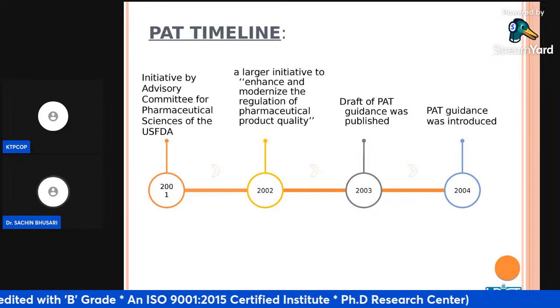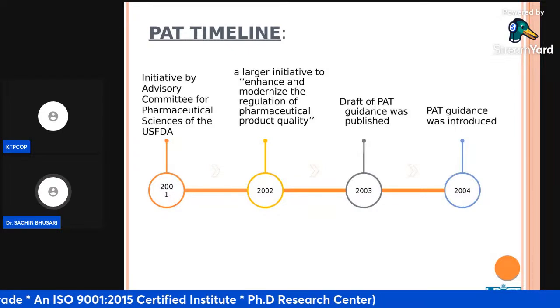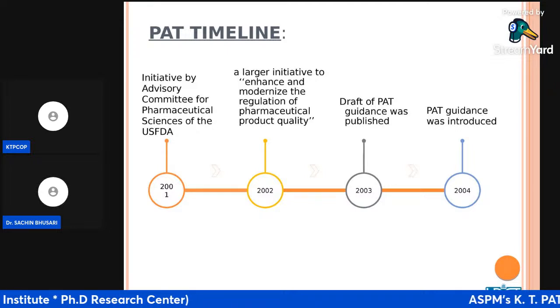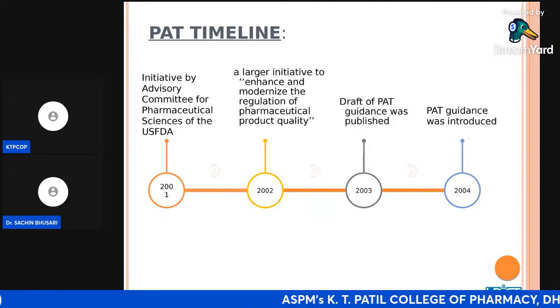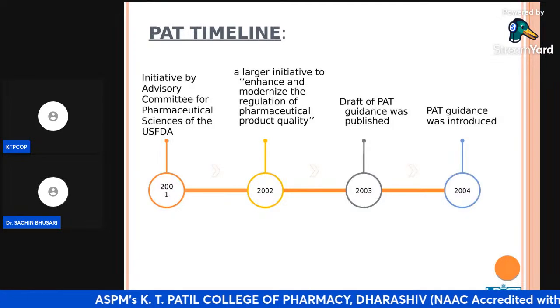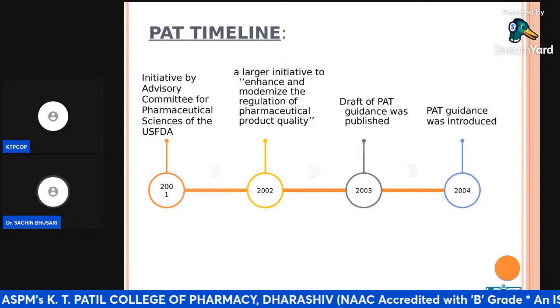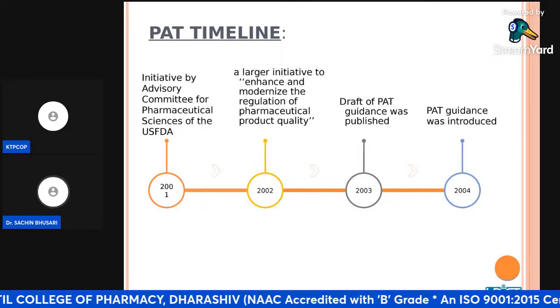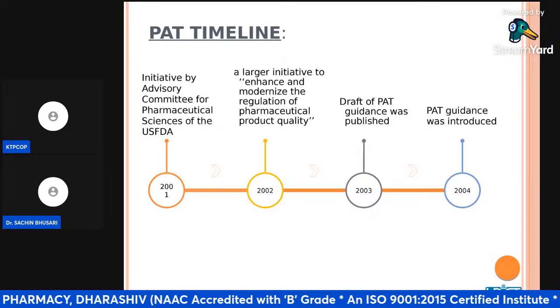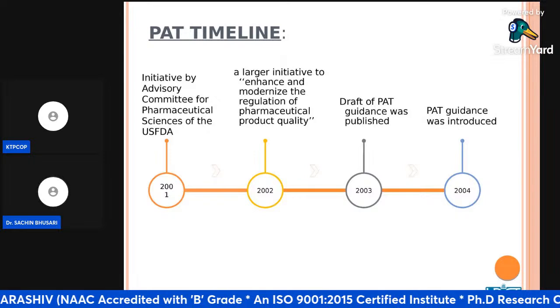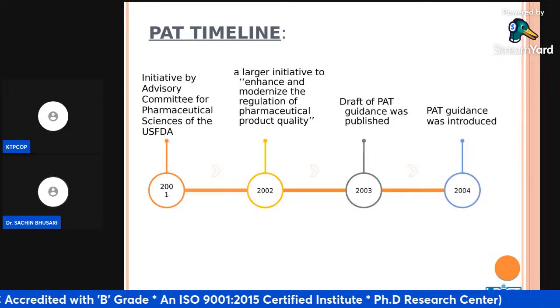And in 2002, they came up with a broader perspective to enhance and modernize the regulation of pharmaceutical product quality. All of you know that USFDA is the largest single agency which almost governs all the pharmaceuticals all over the globe. Basically, they are into good quality product manufacturing, and they are the designers of the guidelines.